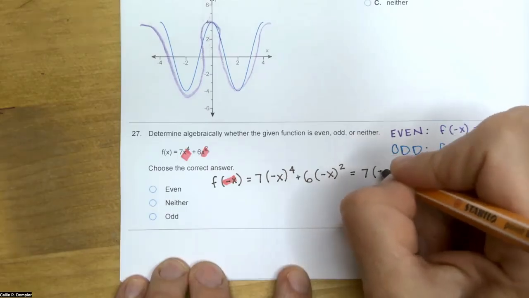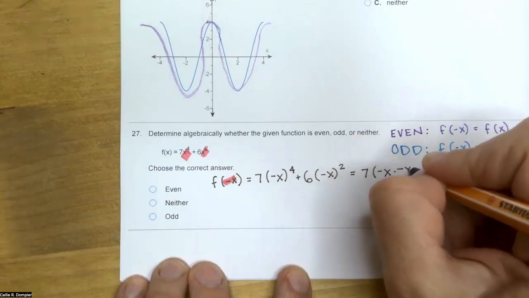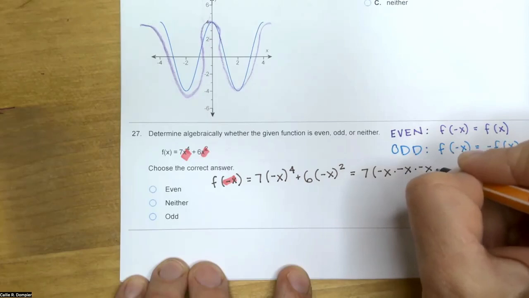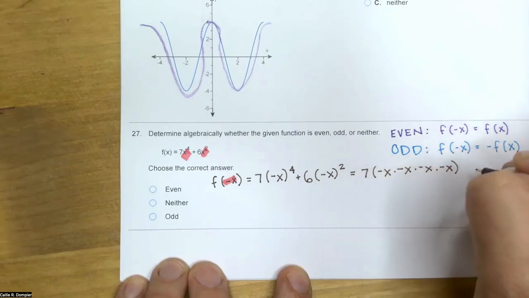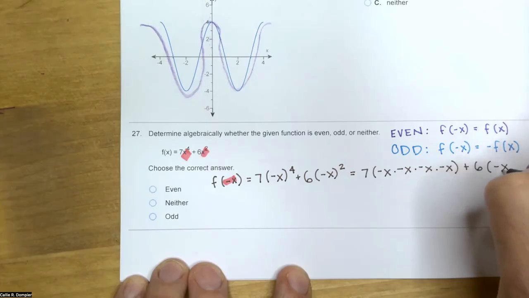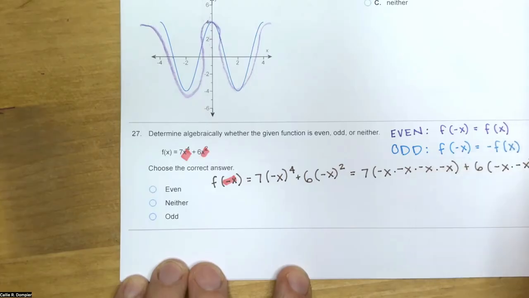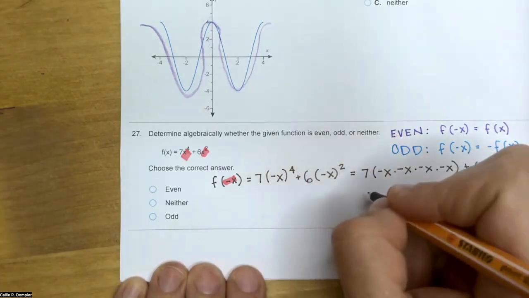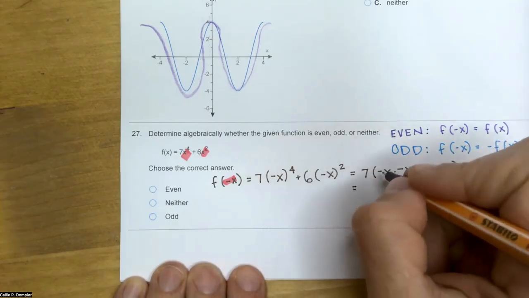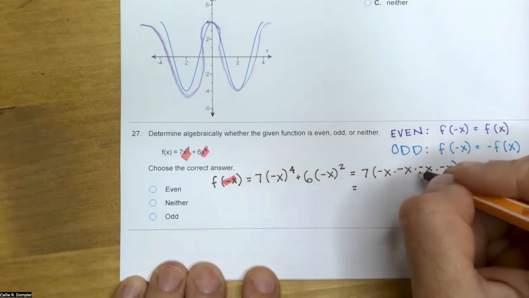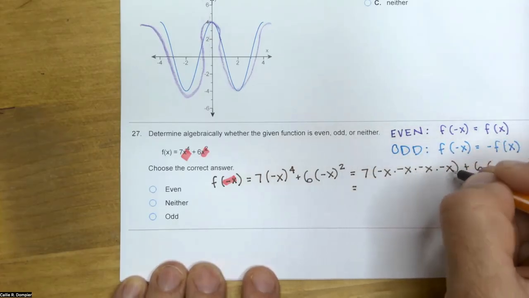Now let's simplify that. Negative x times negative x times negative x times negative x plus 6 times negative x times negative x. We'll simplify that. Negative times a negative times a negative times a negative is a positive. Negative times a negative is a positive.